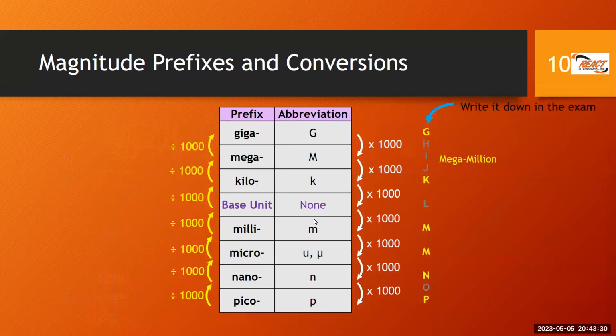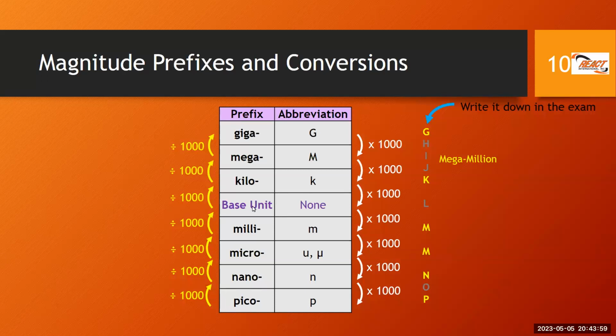But here's a simpler version of that table that might help some persons, again, conceptualize. So we have the aide-mémoire on the right-hand side, the letters of the alphabet, G all the way to P. Hopefully that will be a way to remember. However, there's a simple way to represent the multiply by 1,000 as you go down, so that you can see if you have to go from giga to kilo, you actually multiply by 1,000 and also multiply by 1,000 again.